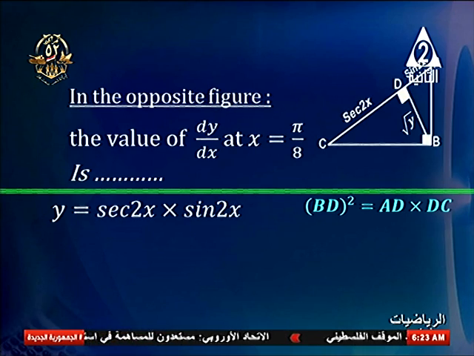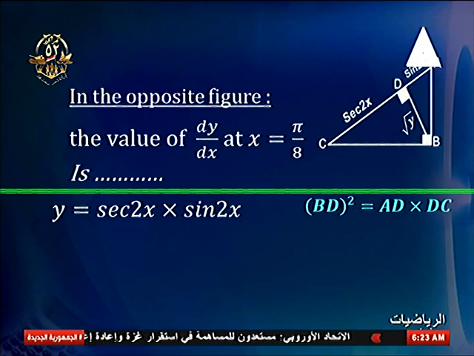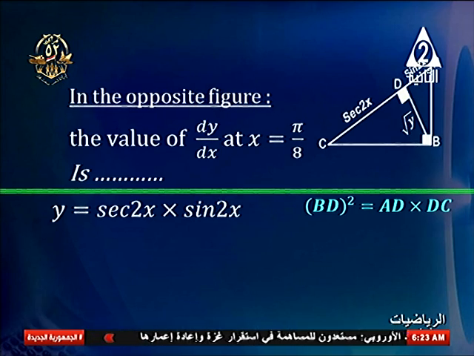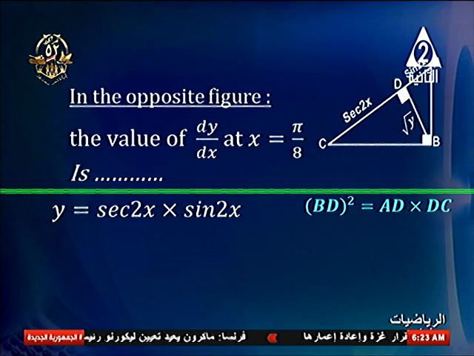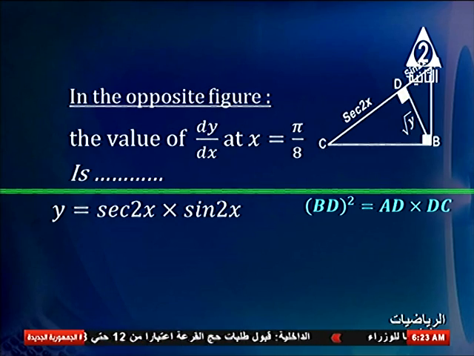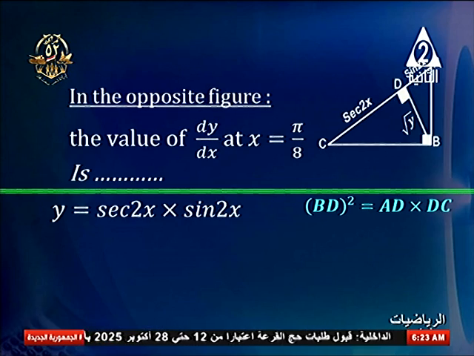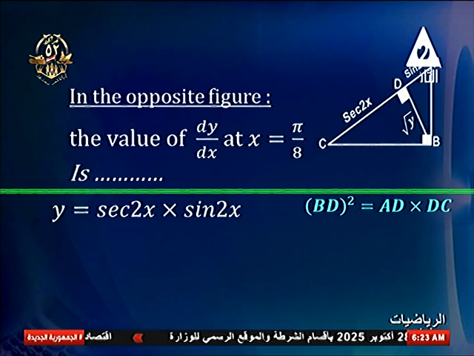If we substitute sec 2x equals 1 over cosine 2x, then y equals sin 2x over cos 2x. What is the rule? Sin 2x over cos 2x is tan 2x. Yes, y equals tan 2x.